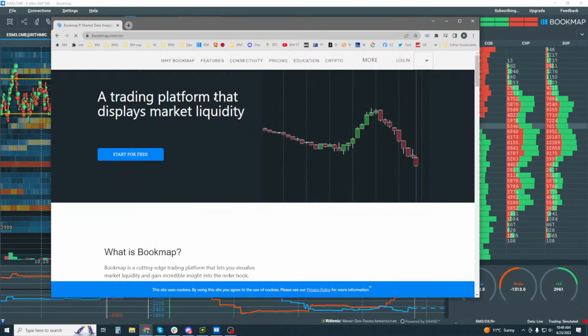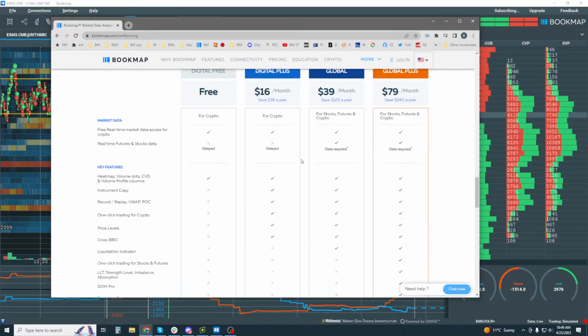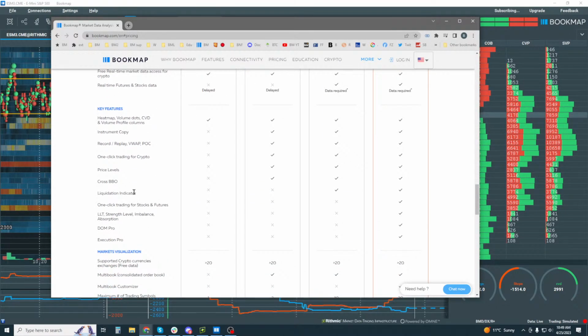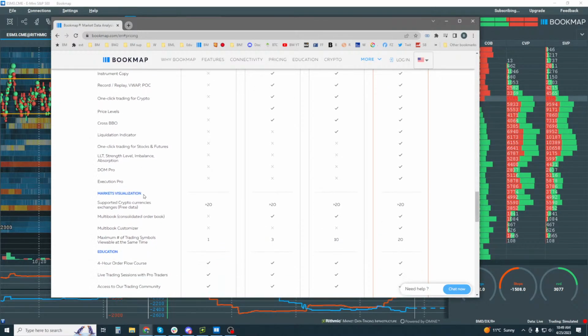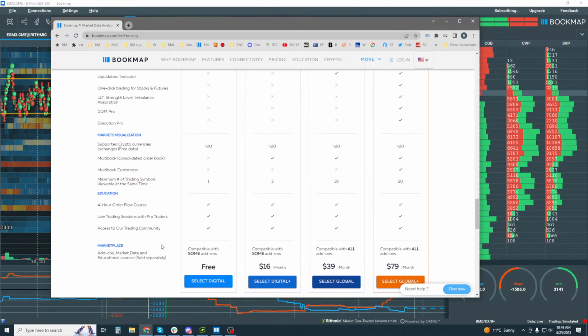Let's go to bookmap.com, pricing, and I think it says it in here. No. Do I see it? Control find correlation.